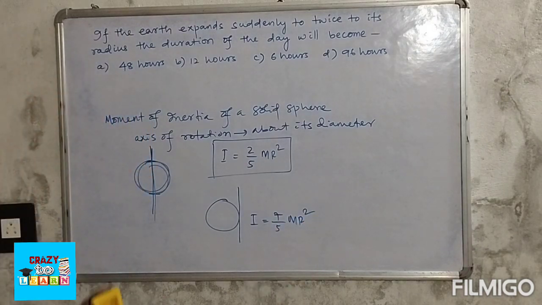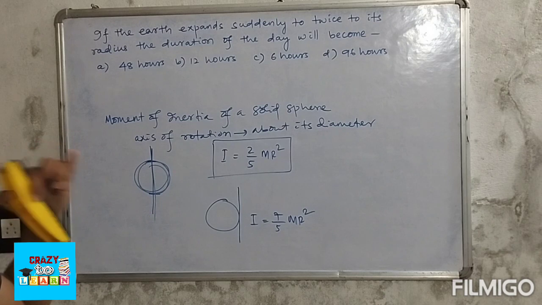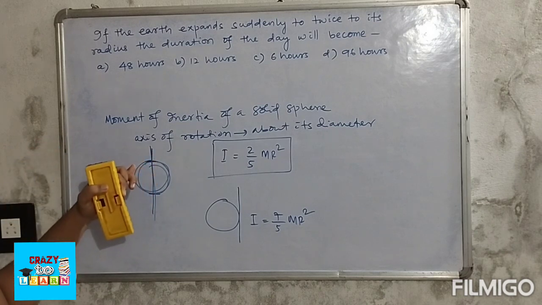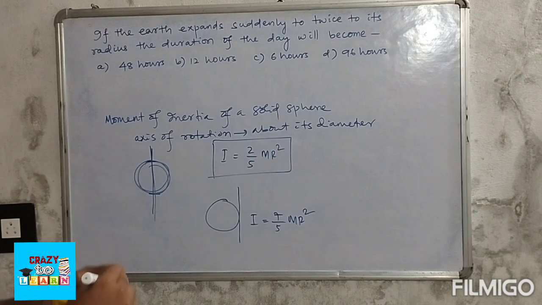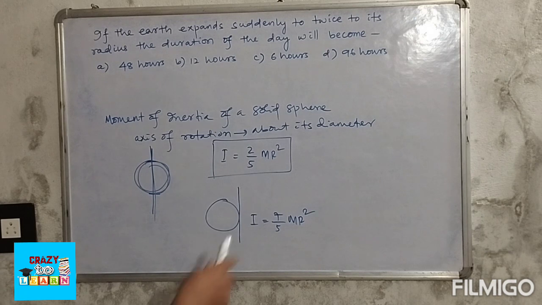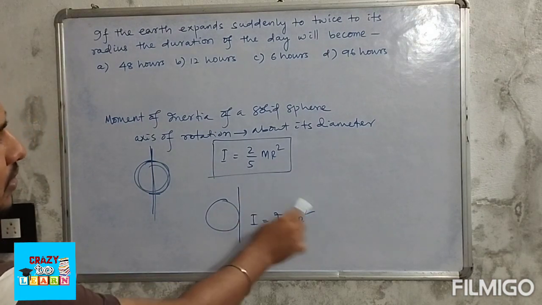So you should keep in mind what the axis of rotation is. Here for this problem we are considering the earth, and earth is rotating about its own axis, an axis passing through its diameter, so we require this formula, not that formula.